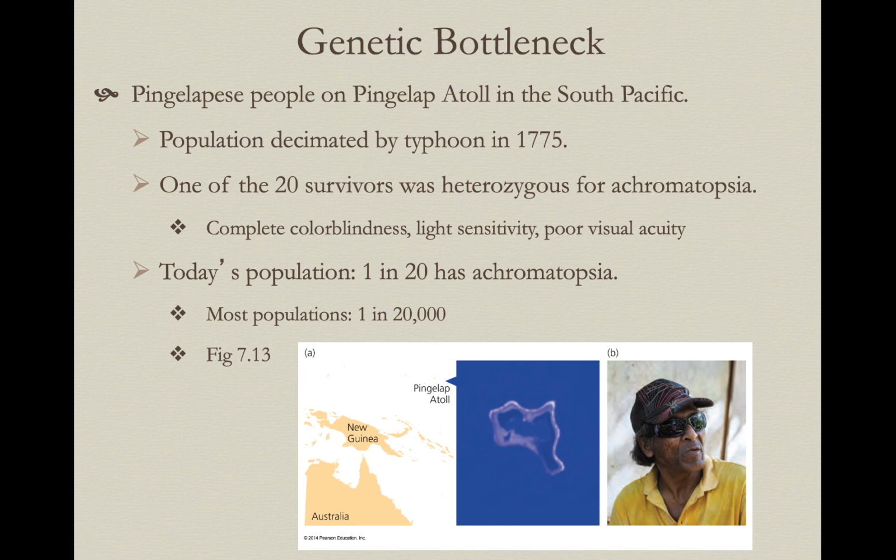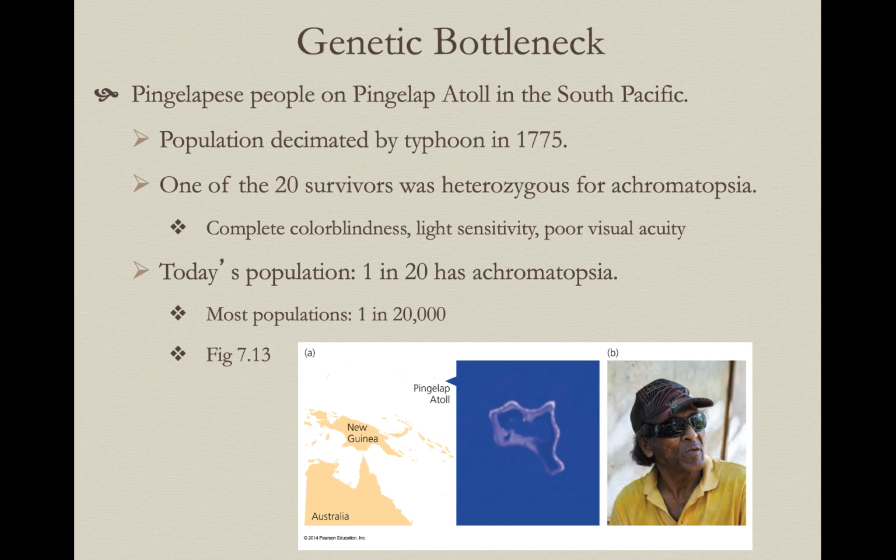But this rare allele suddenly became common. So it was probably very rare in the population, but then 1 out of 20 individuals that survived had it, so it instantly became more common. And even in today's population, 1 in 20 has this achromatopsia. And in most populations, it's much rarer, maybe 1 in 20,000 will have this.